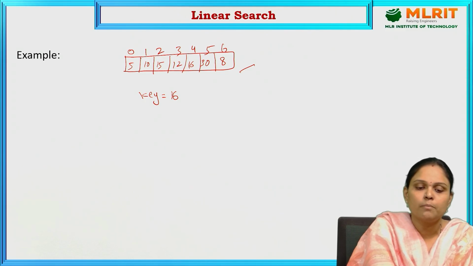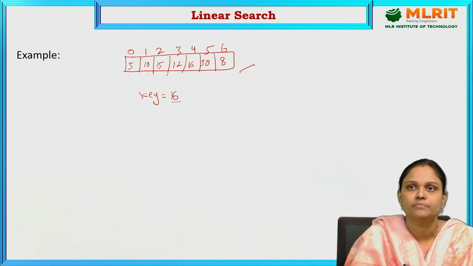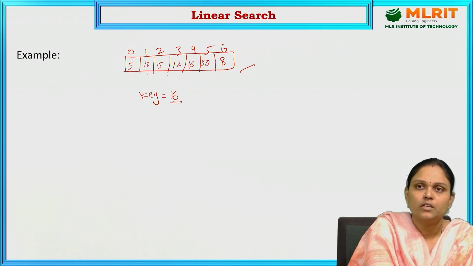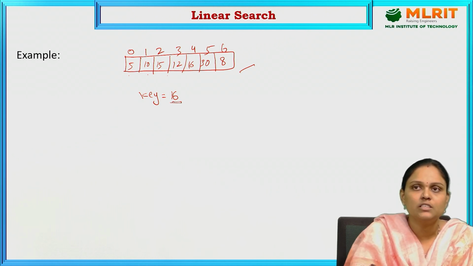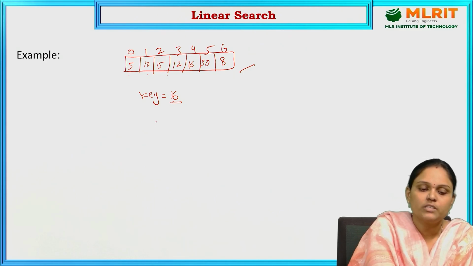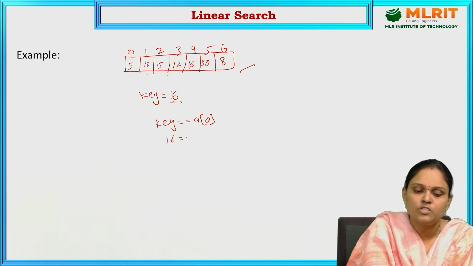So we need to compare this key with each and every element in this array. For example, we need to compare this key with 5. How to access this 5 element in an array? By using A of 0. So we need to check whether this key is matching with A of 0 or not. Key value is 16 and the A of 0 value is 5.